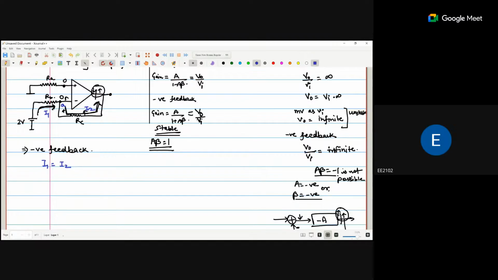Now, what is I1? I1 is passing from 2 volt to ground 0. So 2 minus 0 upon RB is equal to 0 minus V out upon RC. So V out is minus RC upon RB times 2 volts.